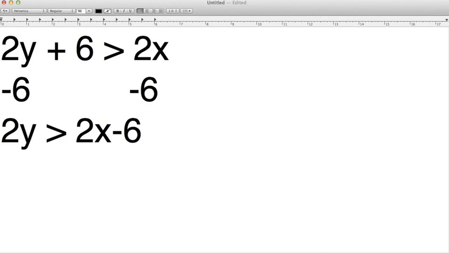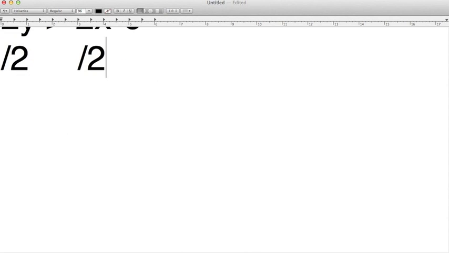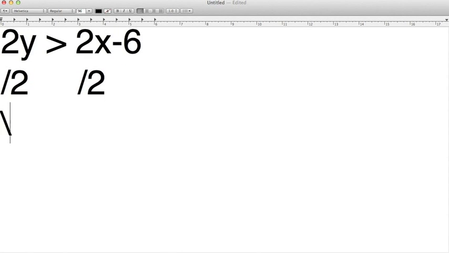Next step, we want to get that y by itself. Divide 2 on both sides. Remember, when you divide by 2, you do it to both terms on the other side. So that's going to turn into y is greater than x minus 3. And that's ready to graph. We'll go into that in a second.